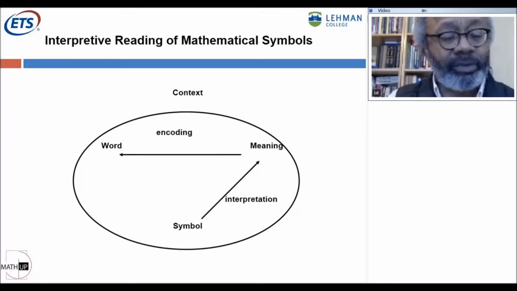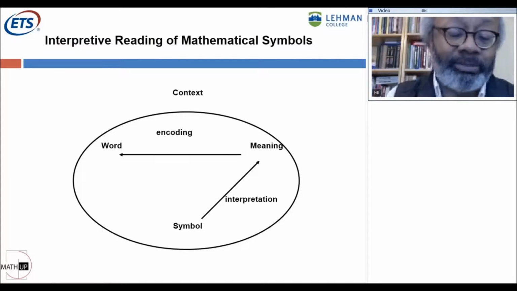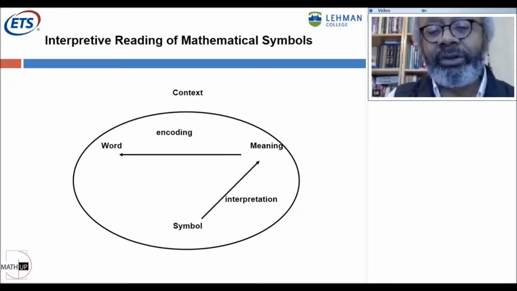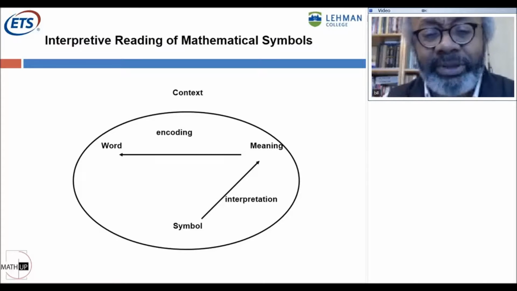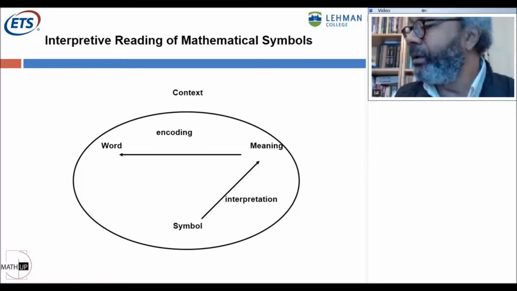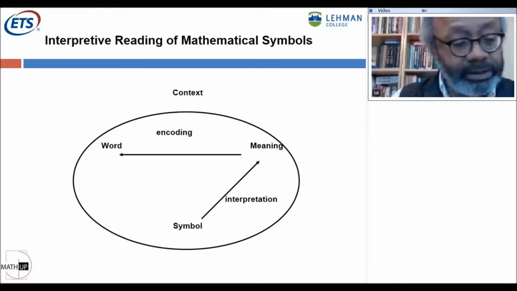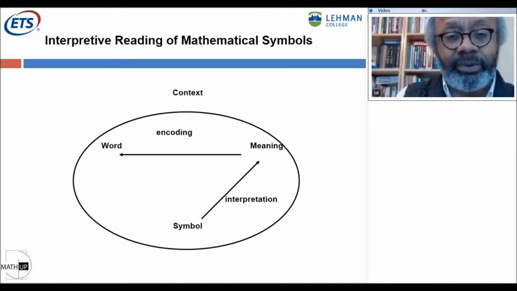What we did then was to look at a particular example of how symbols, words, and meanings act together in a mathematical challenge. And the challenge that we really worked through is this one.